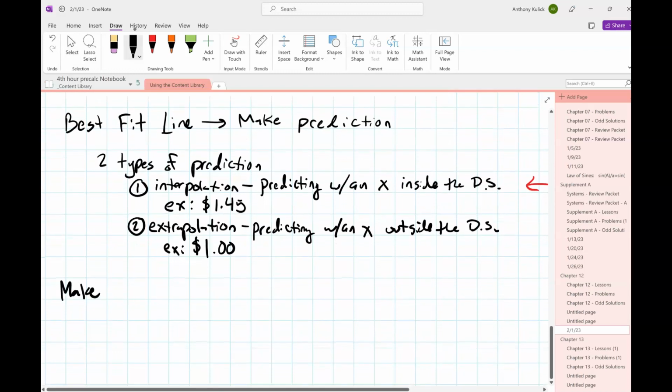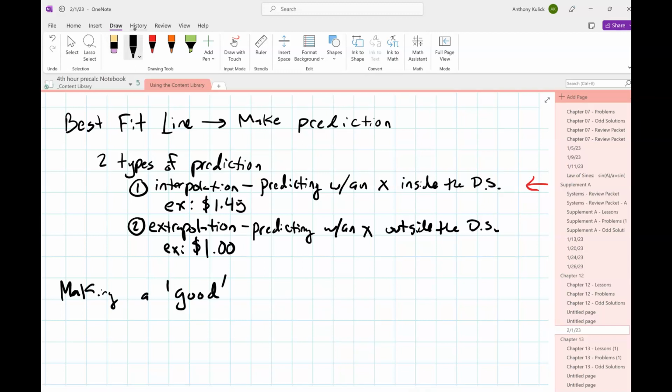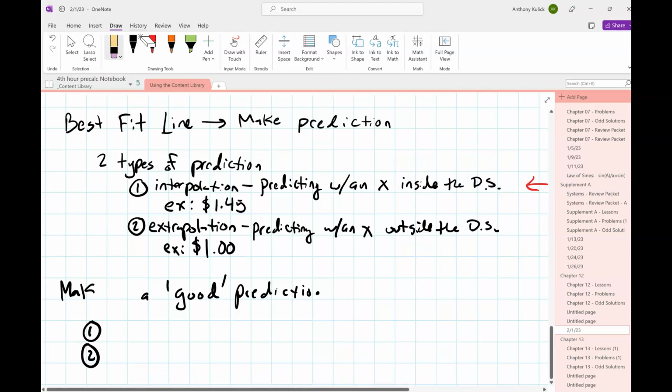So what do we need to have to make a good prediction? There's two things that we need. Yes, we need data, but that's just to make a prediction, right?